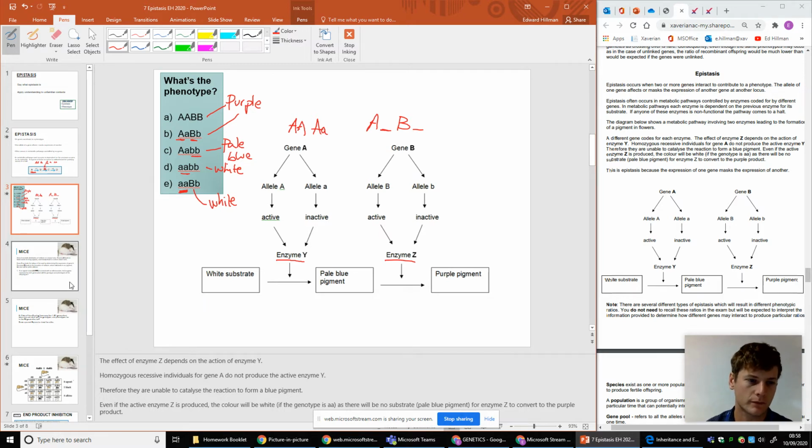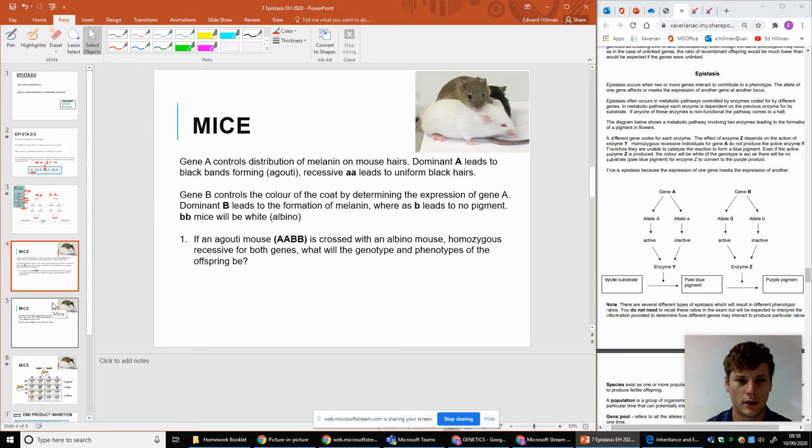Okay, let's have another look at a different example. So these are mice. In mice, gene A controls the distribution of melanin, which is another type of pigment. On the mouse hairs, the dominant allele A leads to black bands forming.